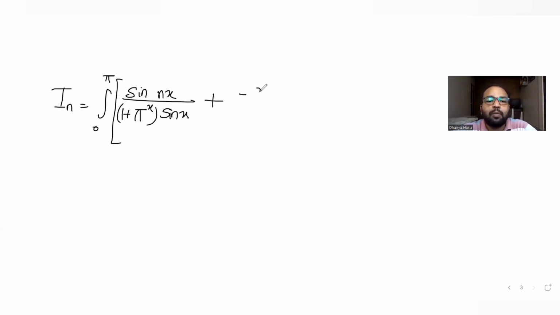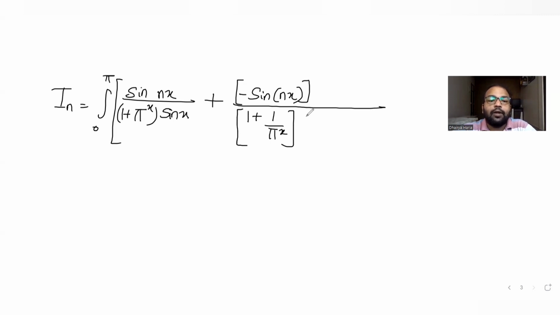If I take that minus sign out, let's see what I get. In becomes integral from 0 to pi. The first term I write as it is, sine nx upon 1 plus pi raised to x sine x, plus the other expression, where you get minus sine nx upon 1 plus pi raised to minus x, which you make positive by taking it into the denominator, and sine of minus x, which becomes minus sine x.